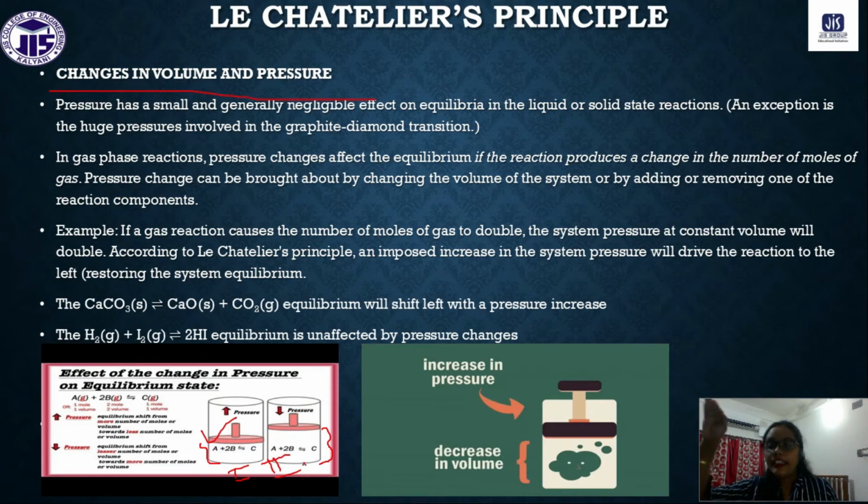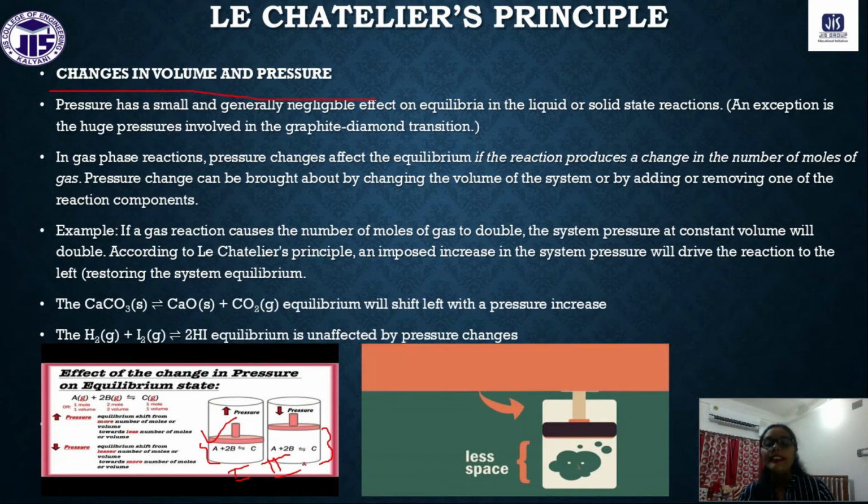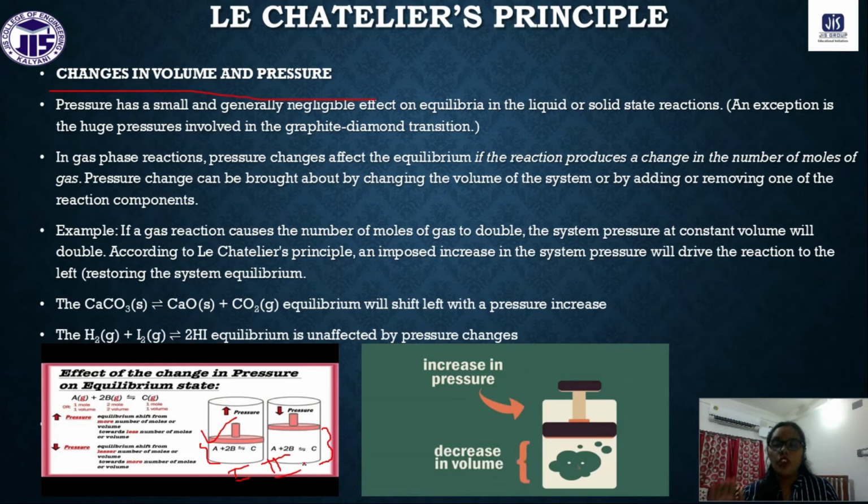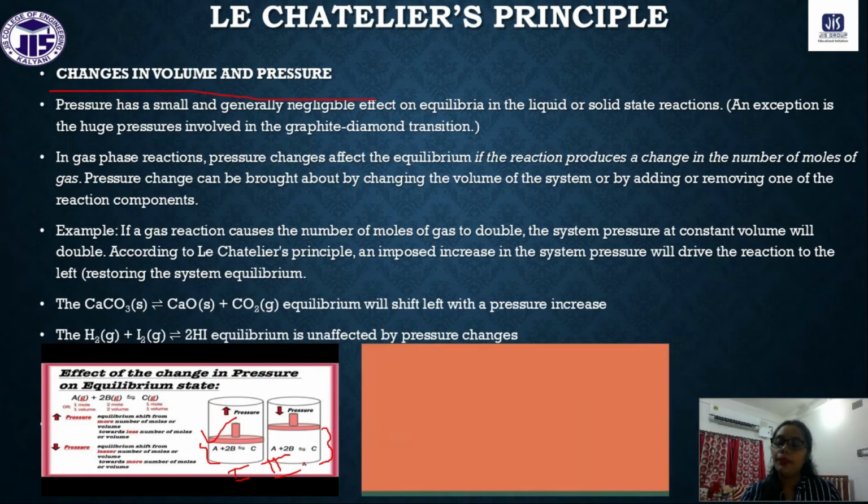Because if we increase the pressure, the volume will be lower, and in that smaller volume only a very small number of particles can be accommodated. So if we increase the pressure, the volume will decrease, and thus the reaction will go towards that direction where the number of molecules will be less.